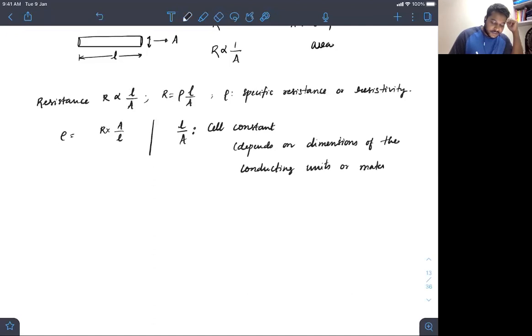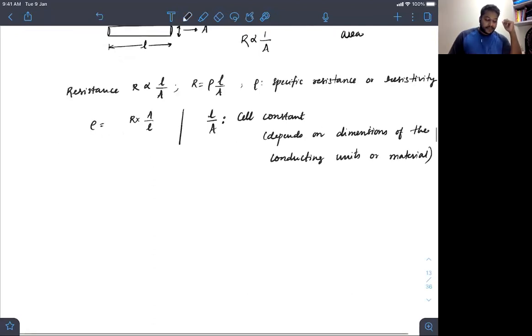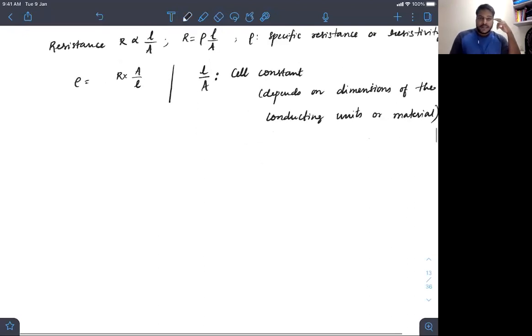Cell constant is not very familiar with wires because it is easier to calculate length and area there. But it becomes very important for conducting cells with an electrolytic solution, where we are trying to measure resistance.